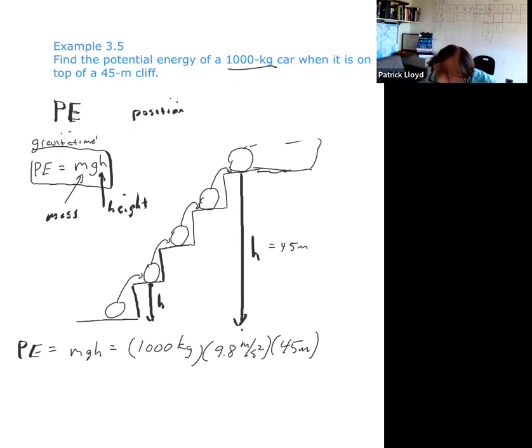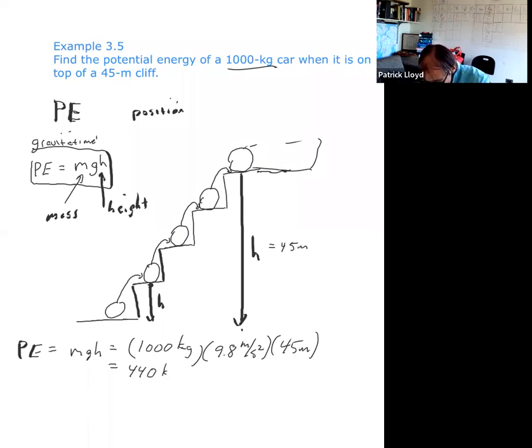Okay. So it ends up being a pretty big number. 1,000 times 45 is 45,000 times another 10 is about 450,000. So I'm going to round it off actually to about 440.